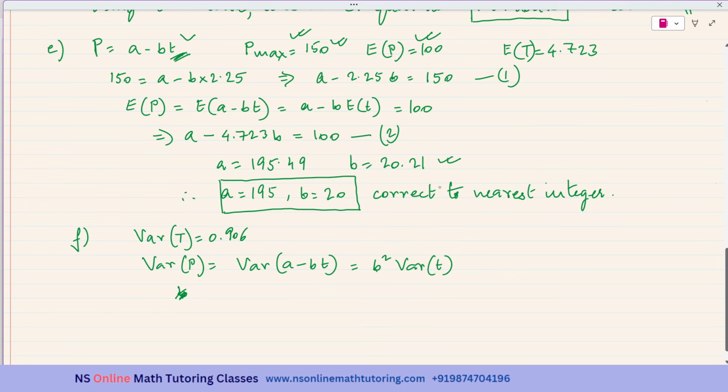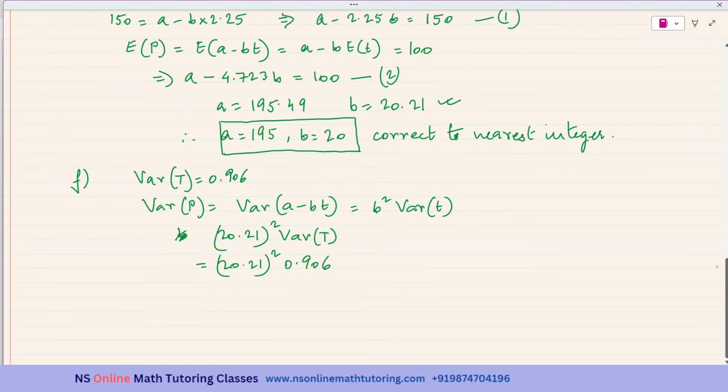So I'm taking 20.21 whole squared, and the variance of T, which is equal to 0.906.